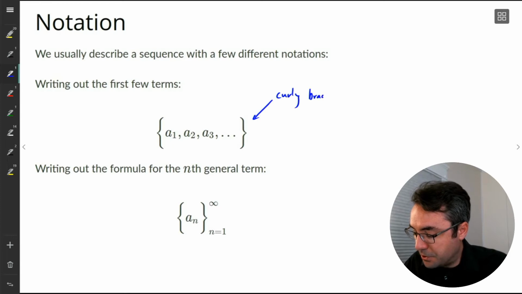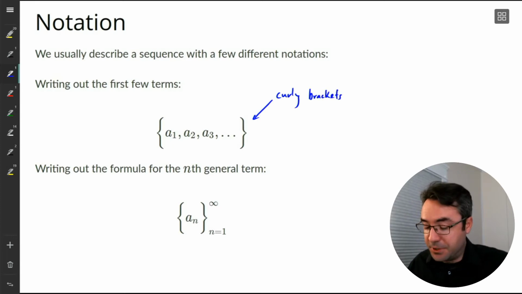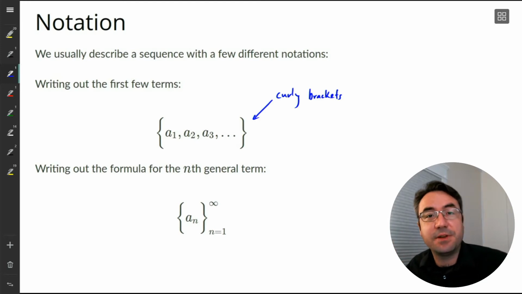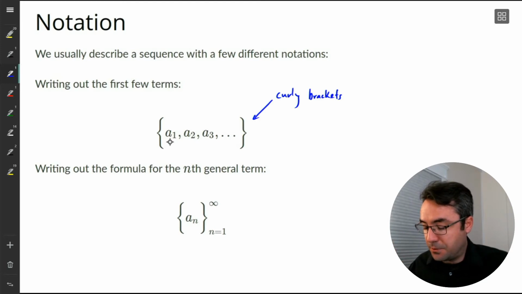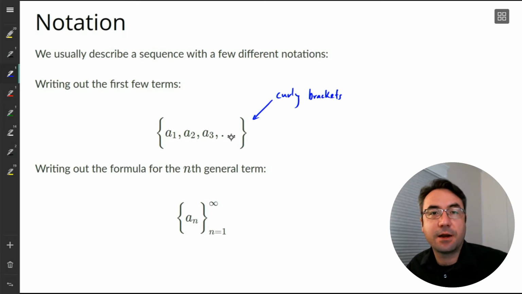Normally we use curly brackets to indicate a sequence, and then we write out the first few terms and put the dots there to indicate that it continues. It's an infinite list. This is helpful to get an idea of what the terms of our sequence are doing. It helps to write it out sometimes, so this will be something we do. We write out the first few terms.